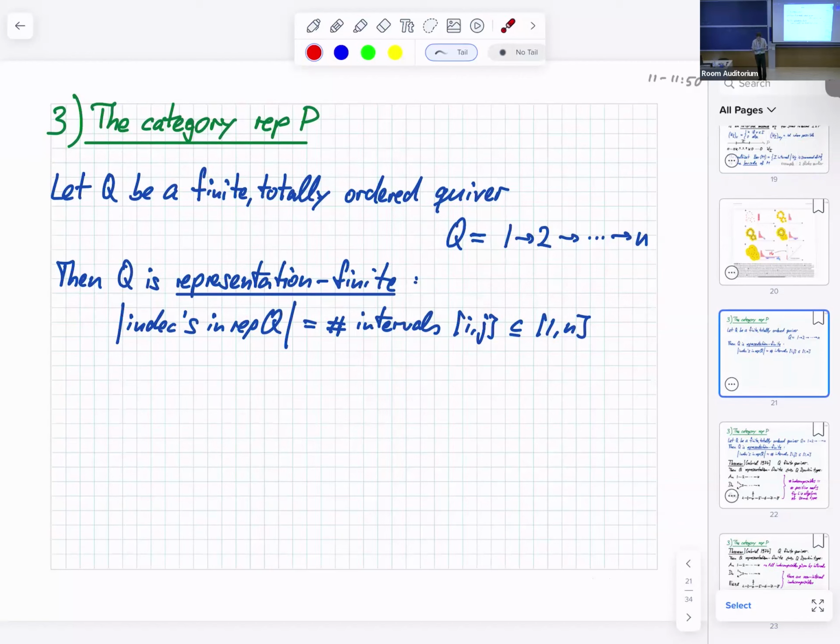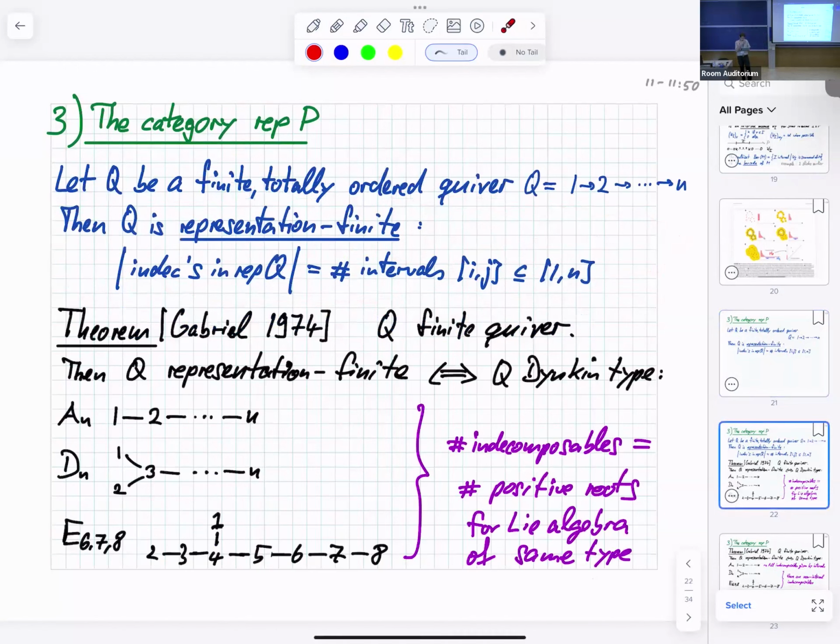That means that a quiver of type An is what they call representation finite. There are only finitely many indecomposable representations. That's one example of a quiver with only finitely many indecomposable representations. Let's go back in time.